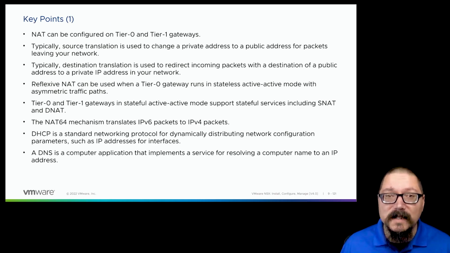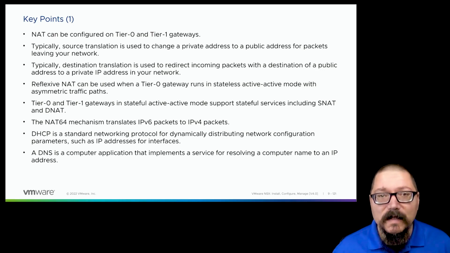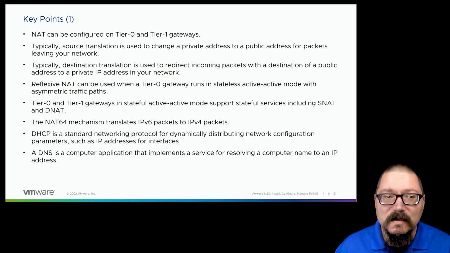In this longer series of videos, what have we talked about? We talked about so many services that we can work with in NSX, whether it's source and destination NAT or NAT64, or DHCP and DNS services.